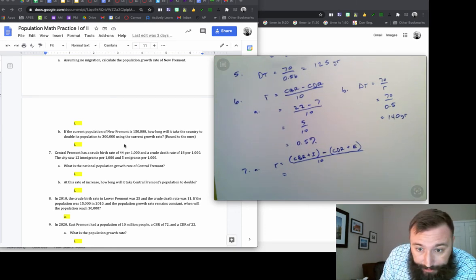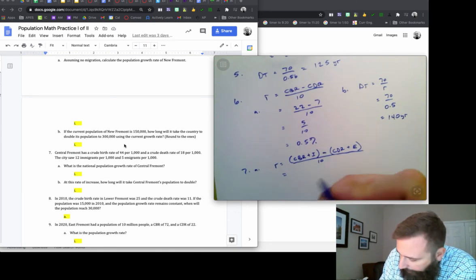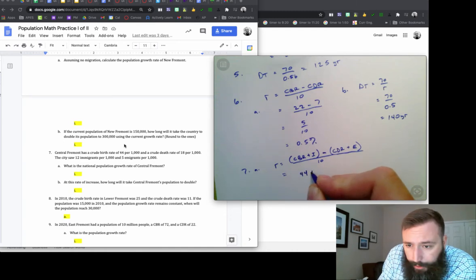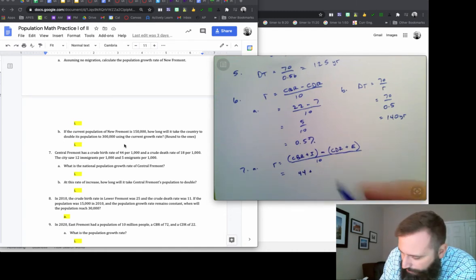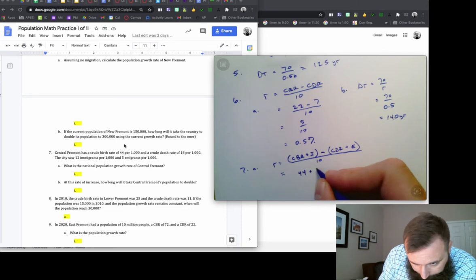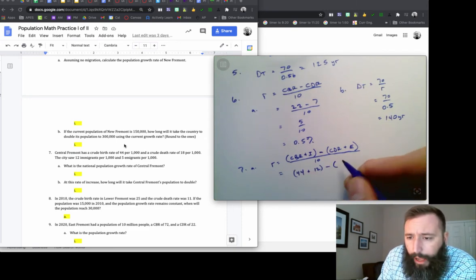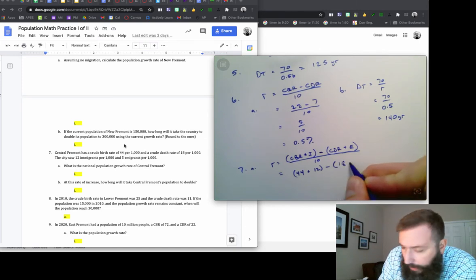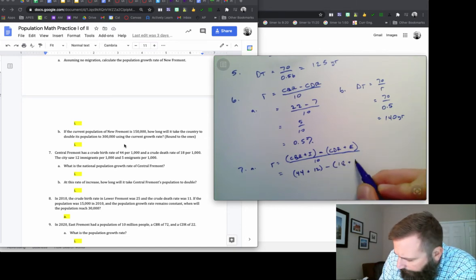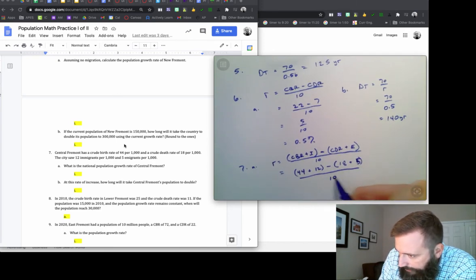All right, so let's start plugging in some stuff here. I got 44 plus, looks like the immigrants is 12. We'll subtract out the outputs here, and that looks like 18 plus emigrants are 5. Oh my gosh, divided by 10.